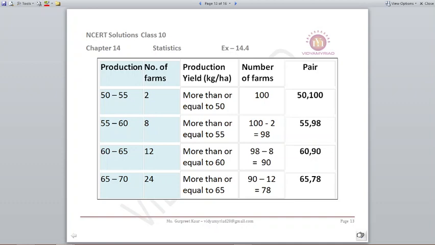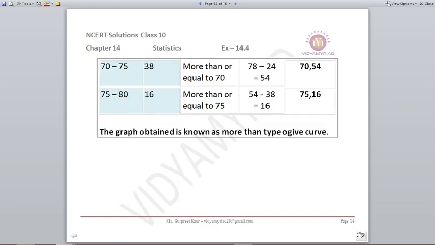More than 60 will be 98 minus 8, the previous one, that is 90. More than 65, when I do, 90 minus 12, that is 78. More than 70 will be 78 minus 24, that is 54, and more than 75 will be 54 minus 38, that is 16.